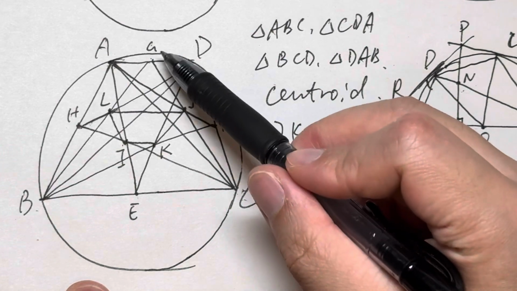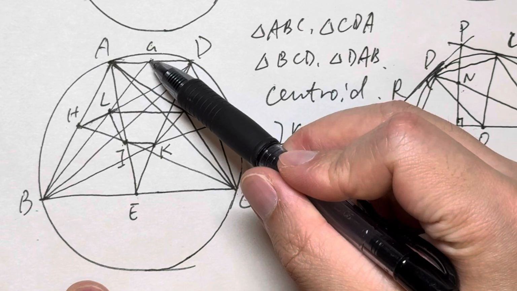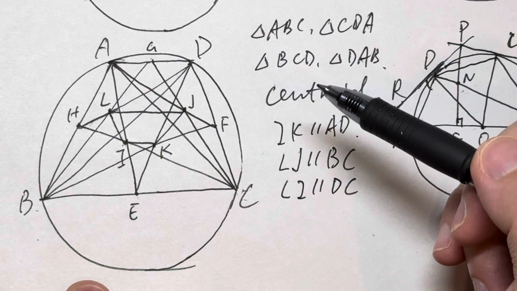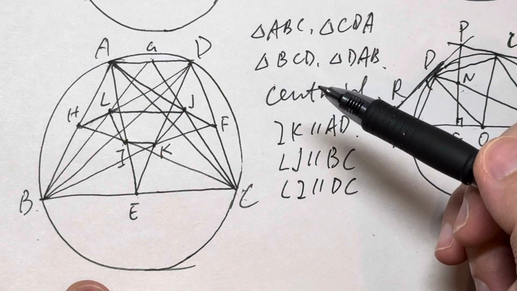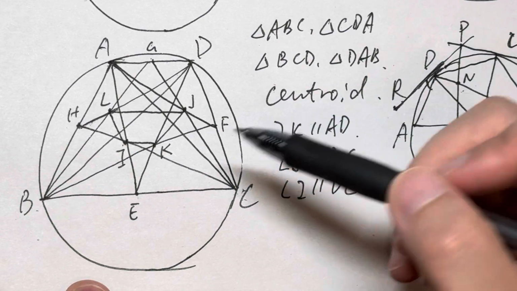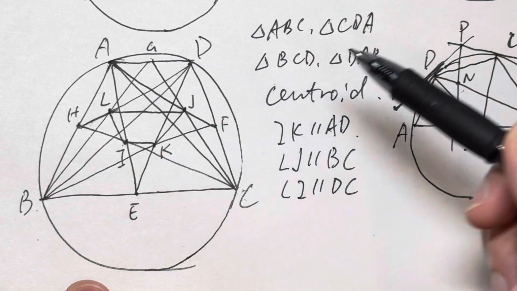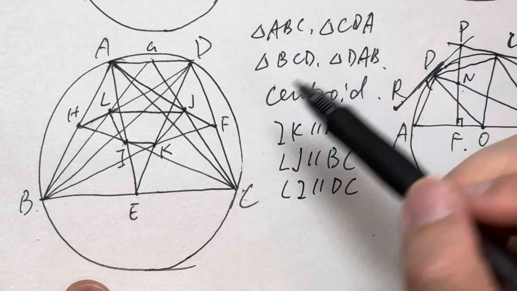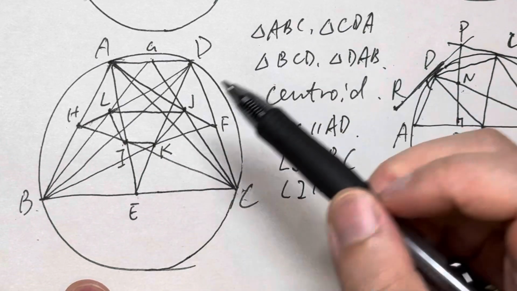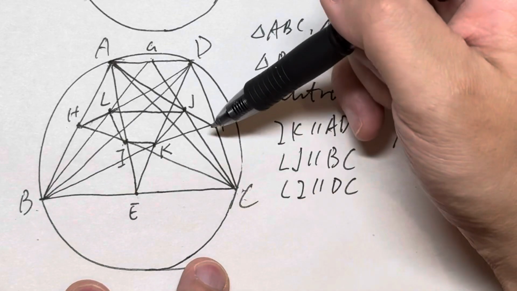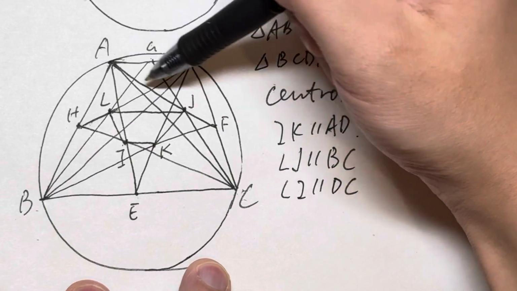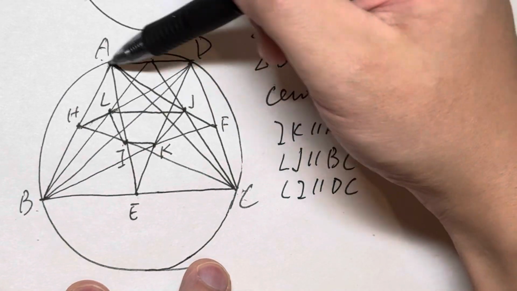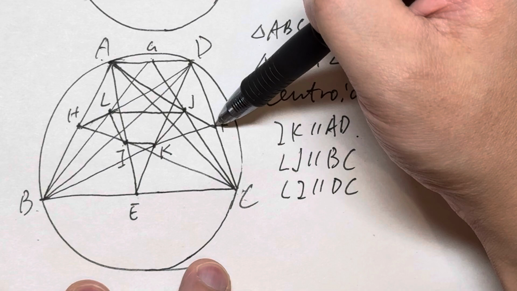CJ to JG equals 2 to 1. Yeah, should be from here. AJ to JF equals 2 to 1.